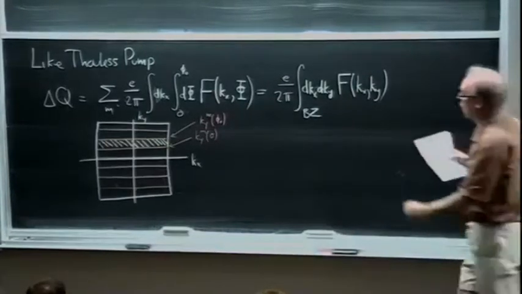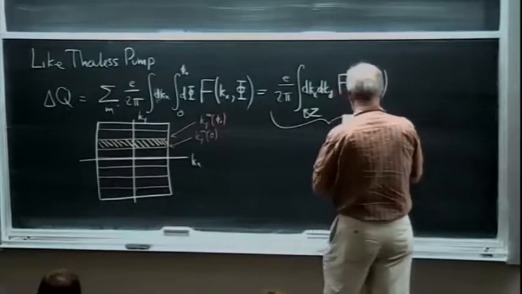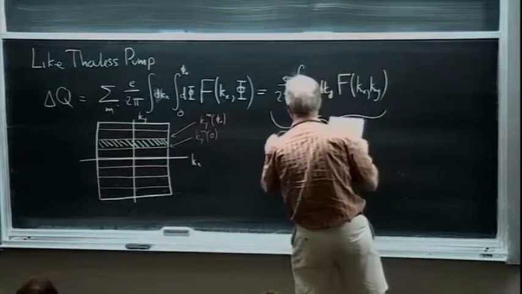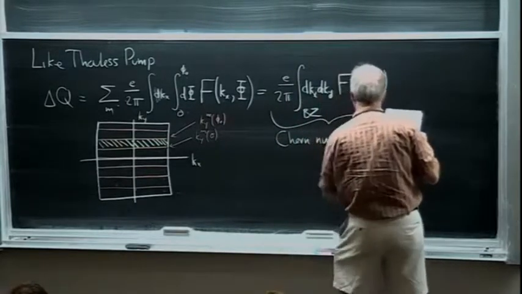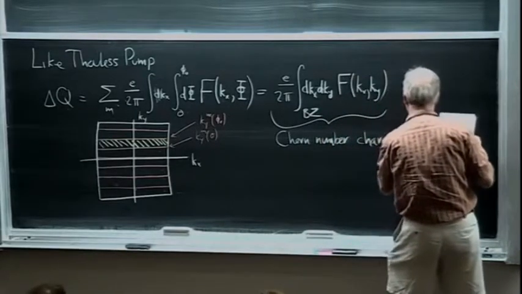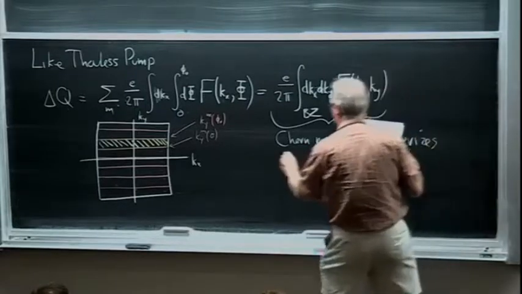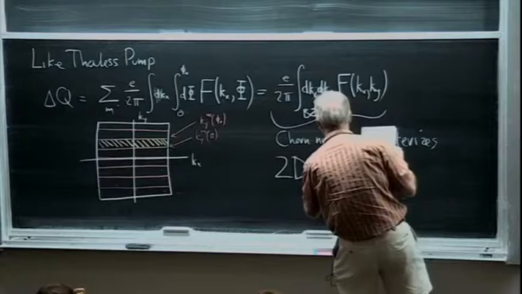Okay, and so this is the Chern number characterizing a 2D gapped band structure.